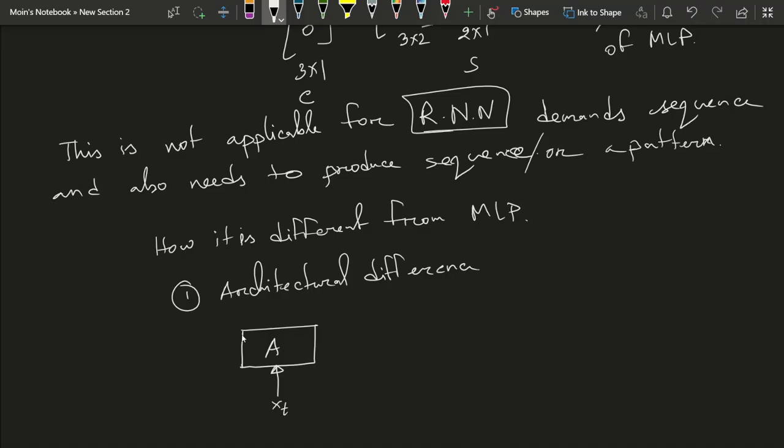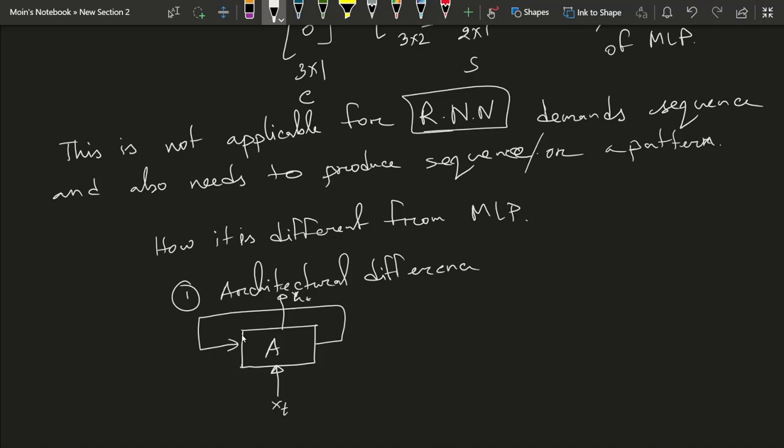There is a time series input of xt, and there will be some hidden state coming from recurrent feedback from the state, and there will be some output generated as ht.